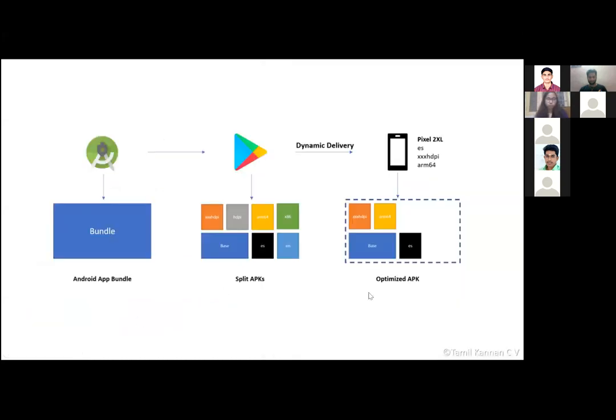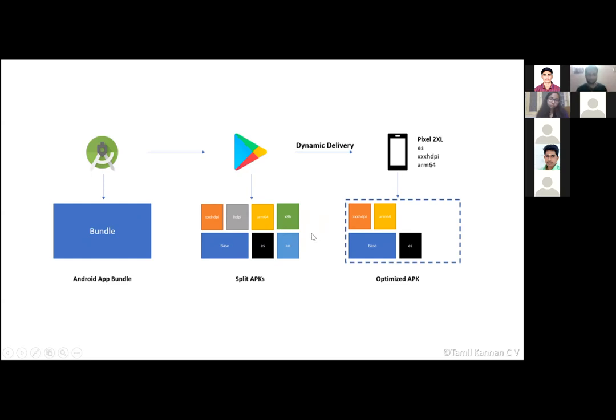See, this is a Pixel 2 XL device which has English as its language, a resolution of XXXHDPI, and an architecture of ARM64. But your Android package contains all the languages, the x86 architecture, the ARM64 architecture, and everything.